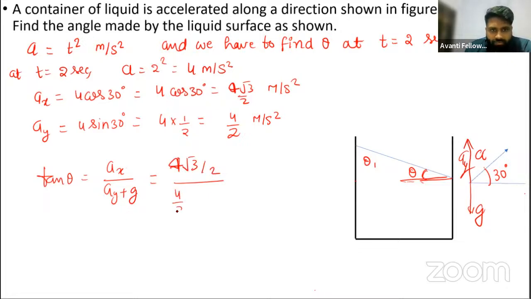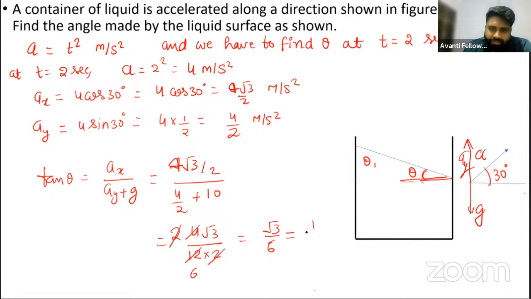Ay is 4 by 2 plus g is 10. So you can say this 4 by 2 is 2 plus 10 will become 12. 4 root 3 divided by 12 into 2. It is root 3 by 6.